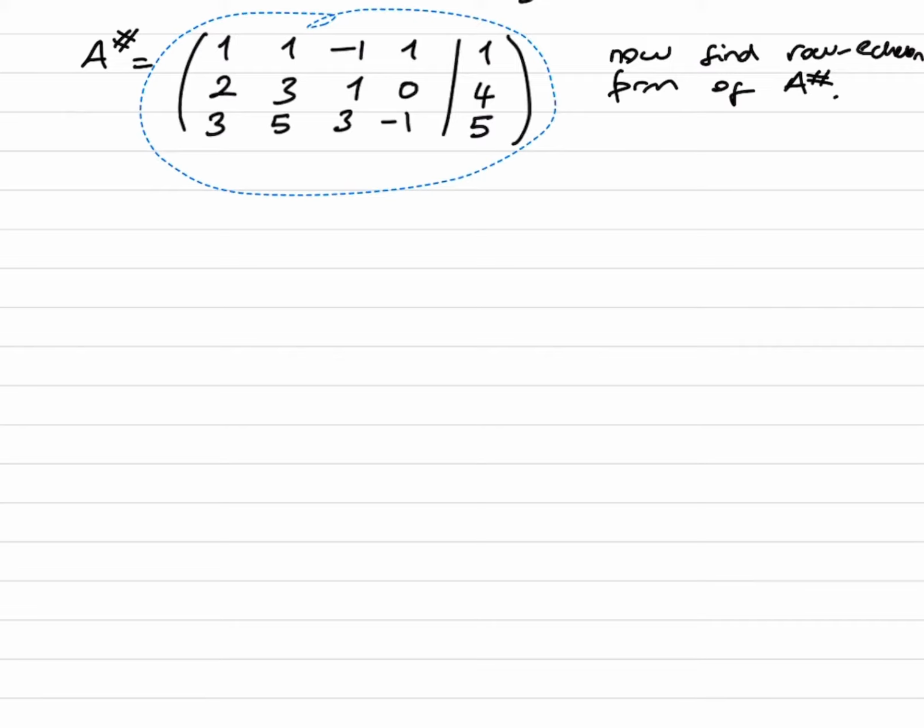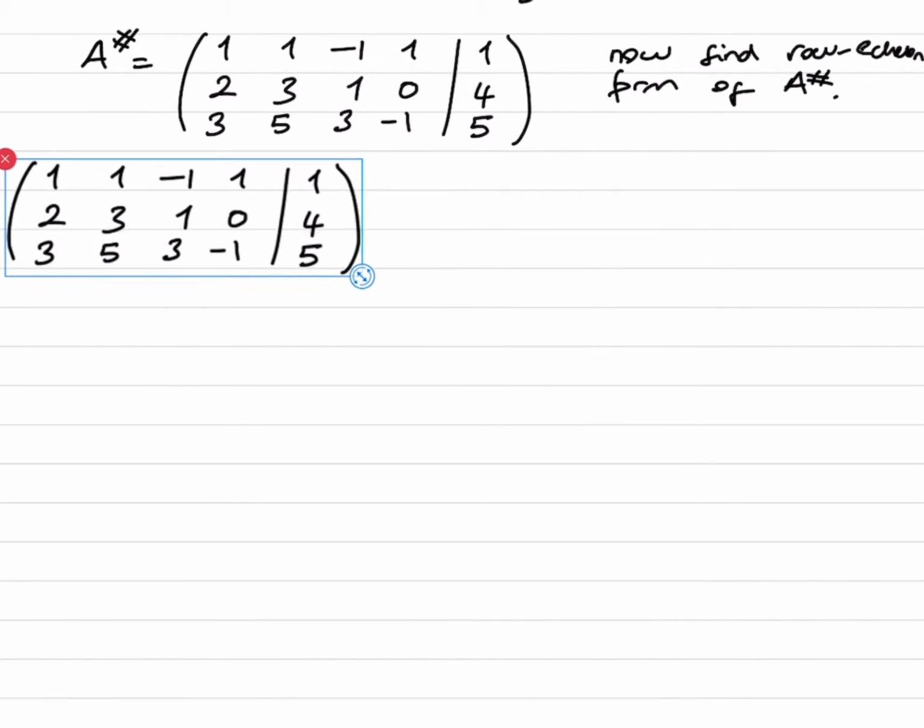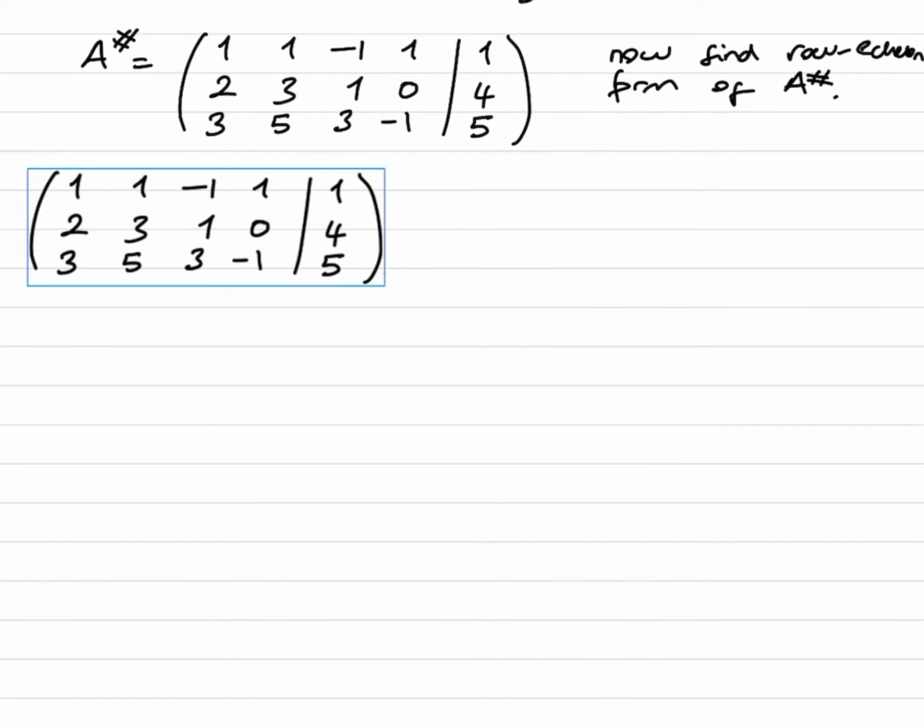Okay, let me copy this. We are lucky because the first entry of the first row is already 1. In the row echelon form we always make it 1.